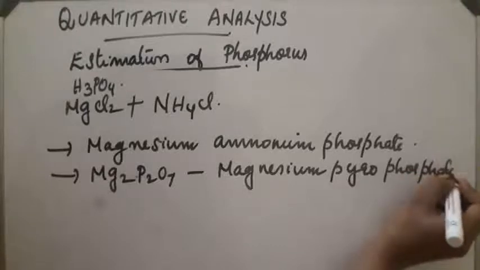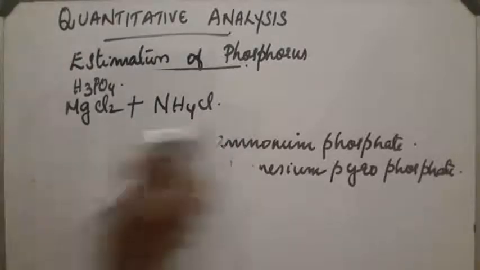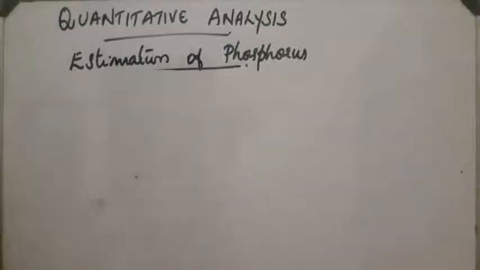After adding magnesia mixture, we have to heat the solution. The phosphorus gets precipitated as Mg2P2O7, that is magnesium pyrophosphate, from which we can calculate the weight of phosphorus present in the organic compound. Next, calculations.